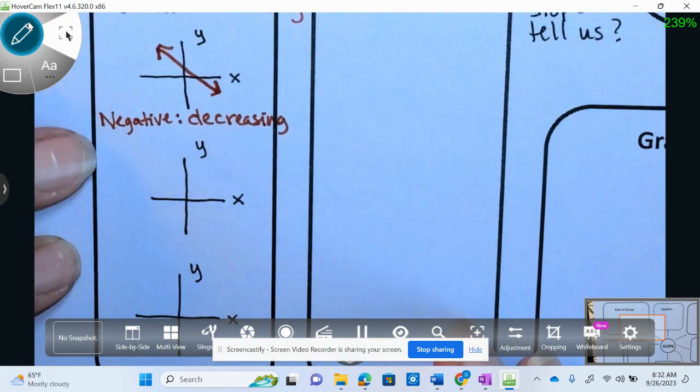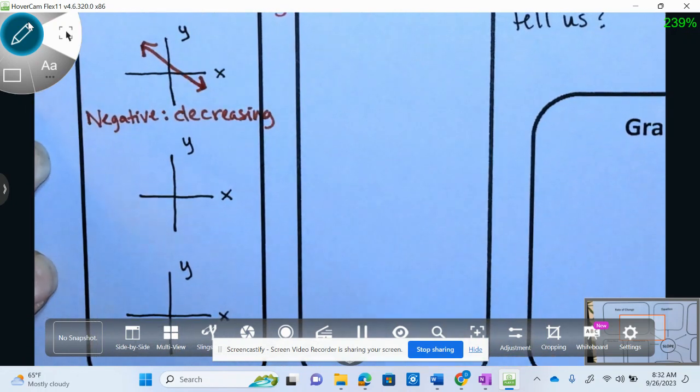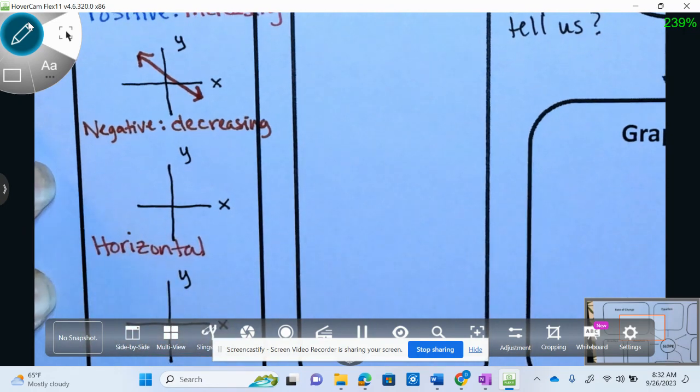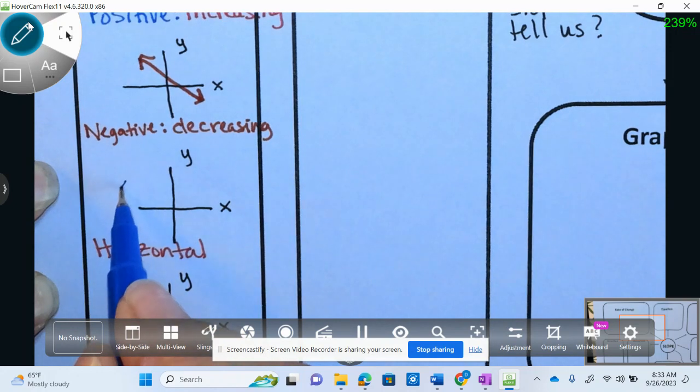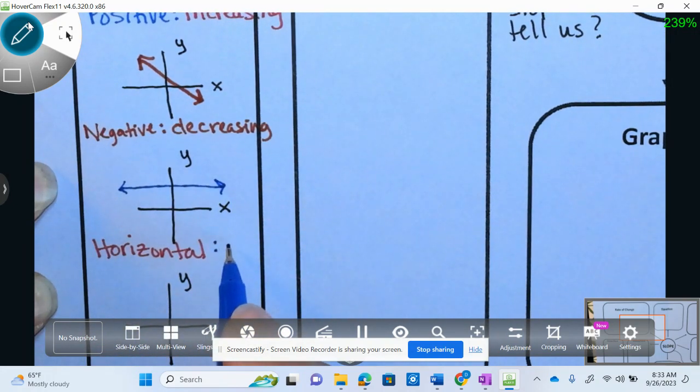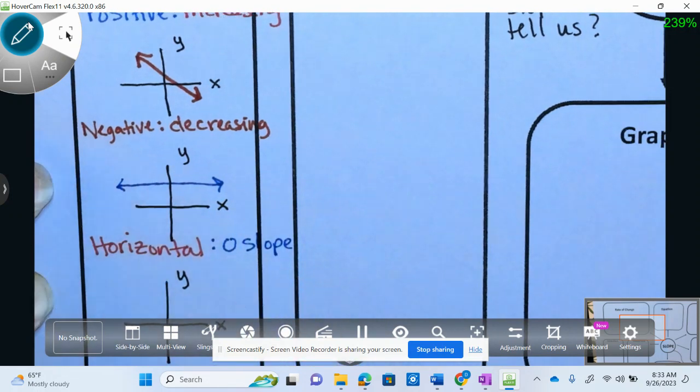Do you guys remember what kind of line has 0 slope? It's horizontal. Looks like this. And it has 0 slope because it never rises.